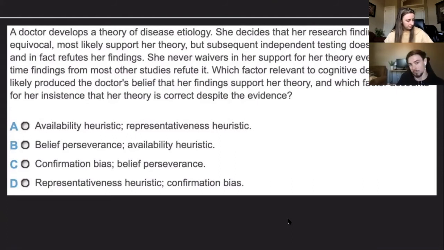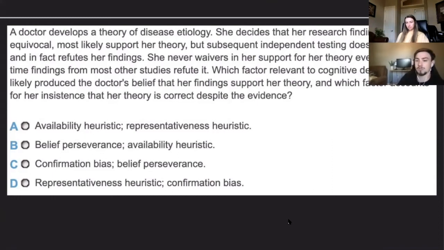I do like confirmation bias, right? Because the doctor, it says, even though her research findings were equivocal, and they most likely support her theory. Okay, so that means that she is selecting, or she could be selecting for material or content. Gosh, content. I've been talking about the MCAT too much. She's probably placing higher importance on the research that supports her findings. And so that would be confirmation bias.